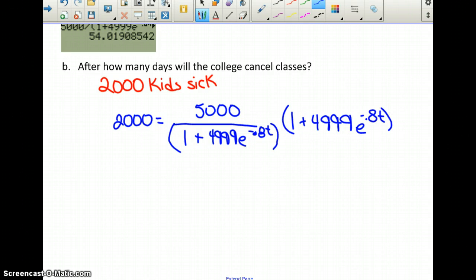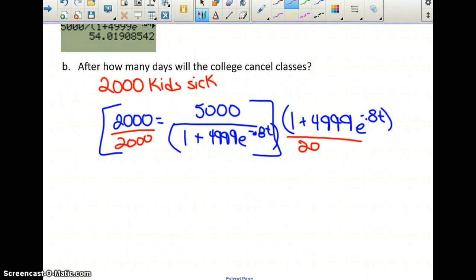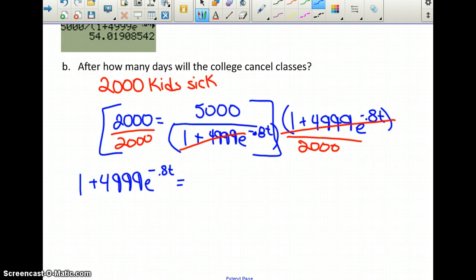Same thing on this side. And then I'm going to divide everything by 2,000. Gone, gone. This gives us 1 plus 4999 e to the negative 0.8 t equals 5 over 2, which is 2.5.